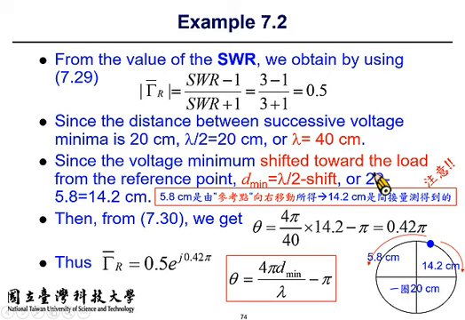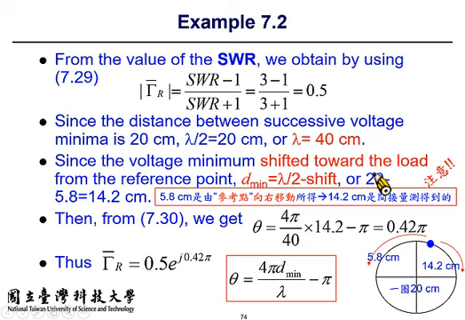But once you change the termination, the voltage minimum is found by moving to the right. Note that this is a counterclockwise rotation, so it moves to the right. Moving to the right by 5.8 centimeters. So it tells you that effectively it's the same as moving to the left by 14.2 centimeters. Alright.